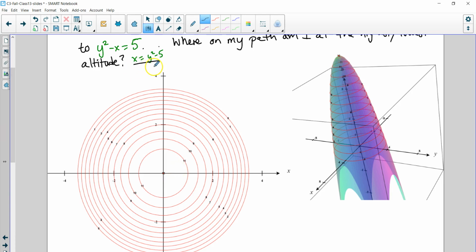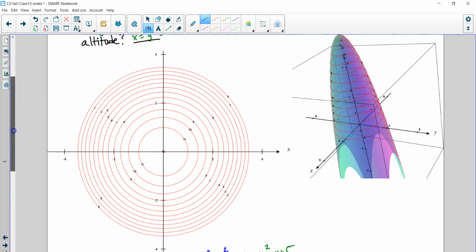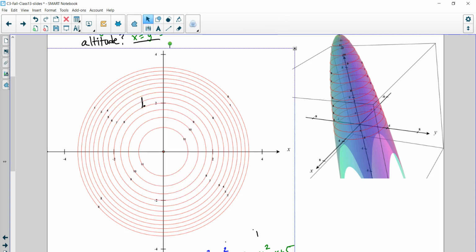If I just visualize that path, x is equal to y squared minus 5, I'm going to be off the grid a little bit, but if y is 2, then x is going to be 1, so we're going to be something like here, or just above that.